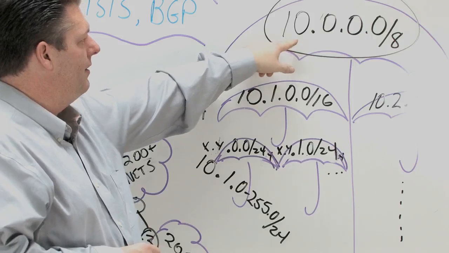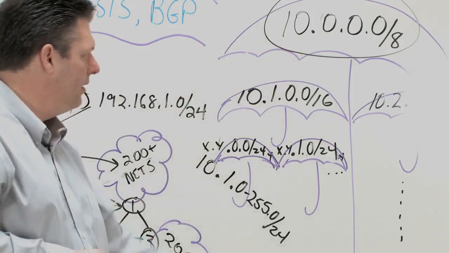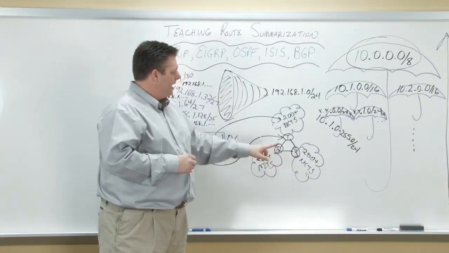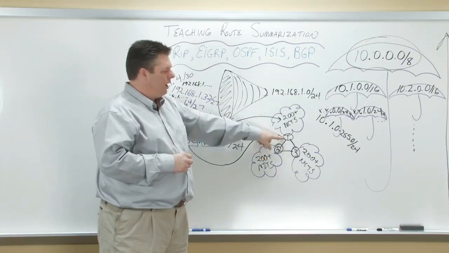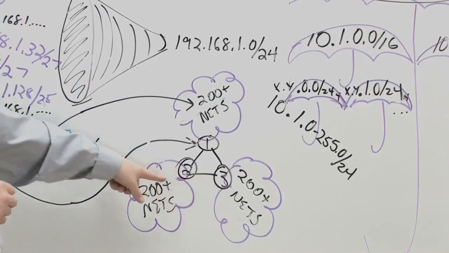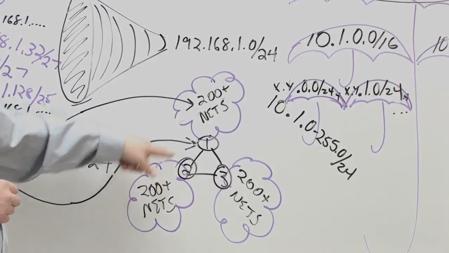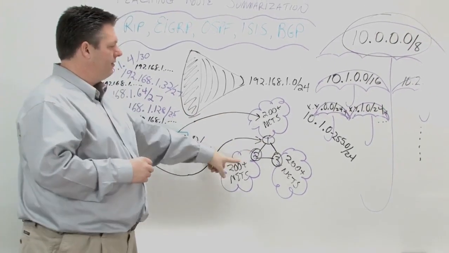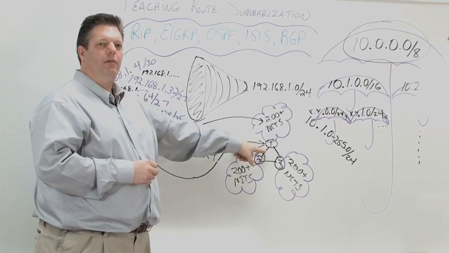Now we can take these individual routes, we can place them on our routers, 1, 2, or 3, and if, let's say, for example, router 1 wants to get to any of the networks in location 3 or any of the networks in location 2, these individual networks can be represented with one statement instead of several hundred within router 1.